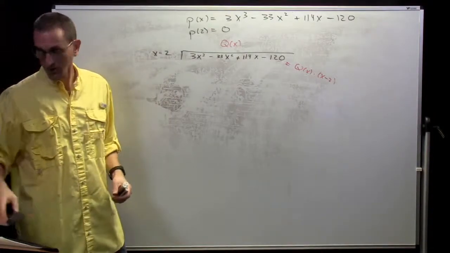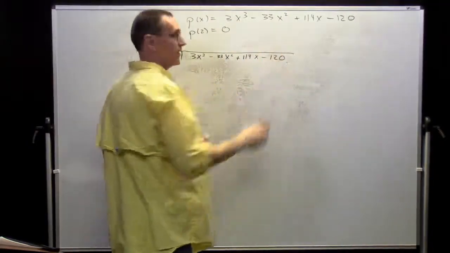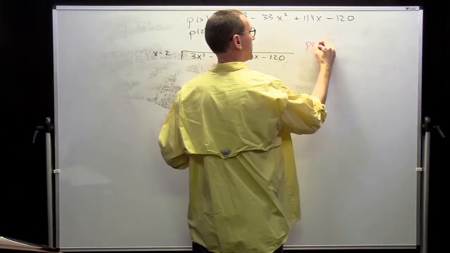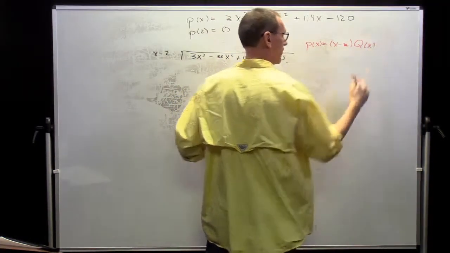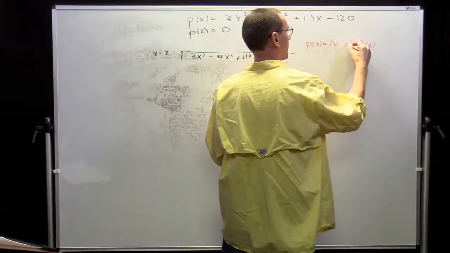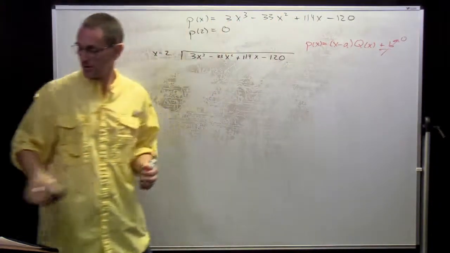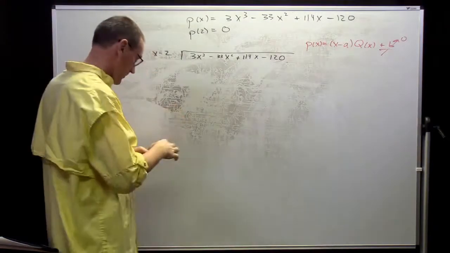Okay? So if that's a 0, I know my p of x is going to be x minus a times q of x. Right? And I know that my remainder is 0. Okay? So let's just go through and do this.